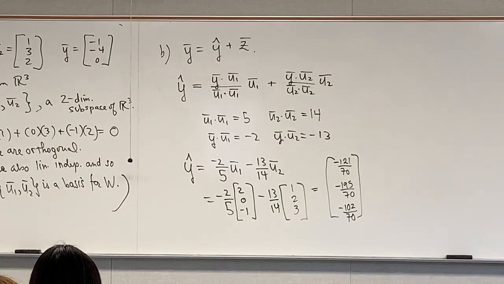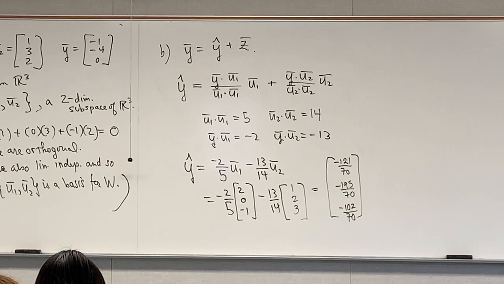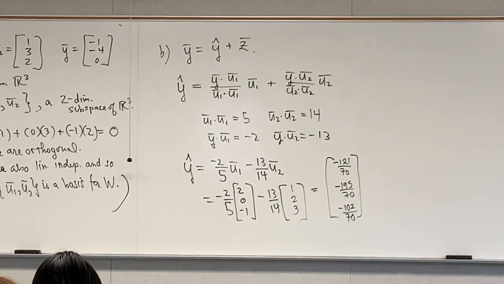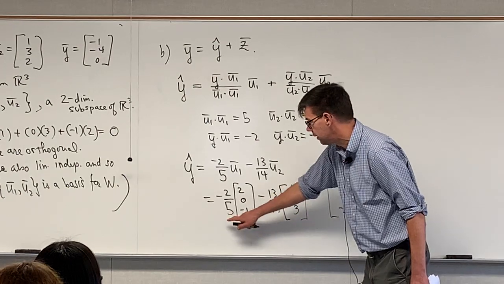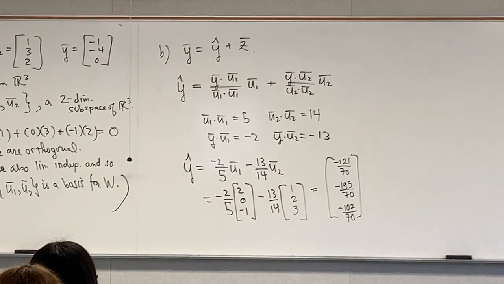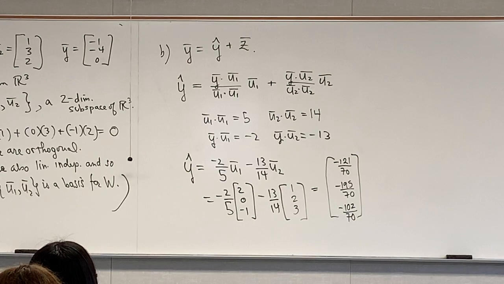There's my y hat vector. So I have a common denominator of 14 and 5, 14 times 5, that's where the 70 comes from. All right, and then we need z.